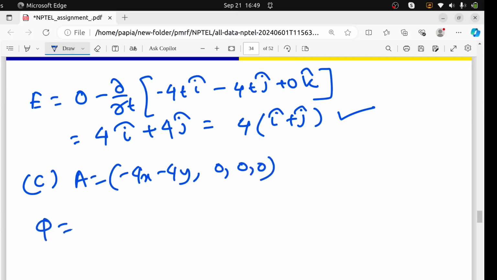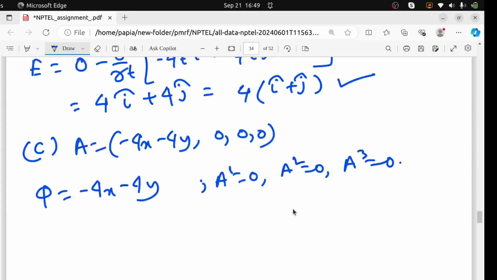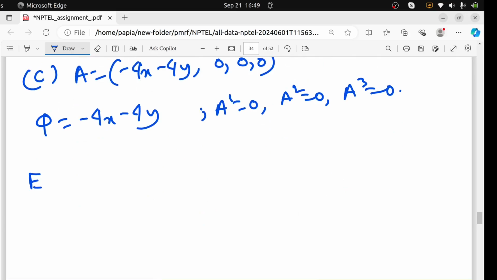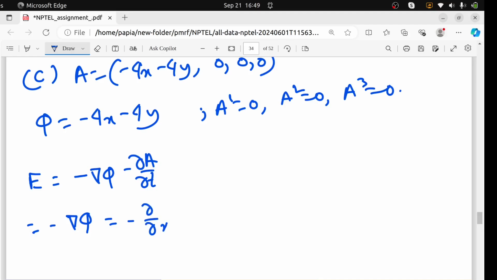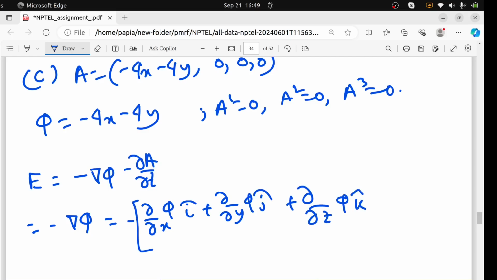So for this case, phi is minus 4x minus 4y, a1 is 0, a2 is 0, a3 is 0. So obviously we will not directly care about the A vector anymore. So only E equals minus grad phi minus del A del t, and now we will only take care of minus grad phi. So minus grad phi means what? Del x of phi i cap plus del y of phi j cap plus del z of phi k cap.